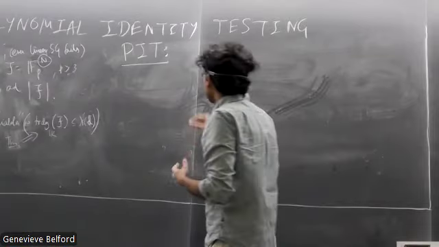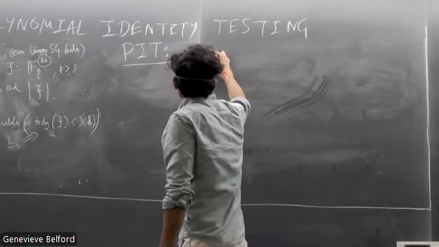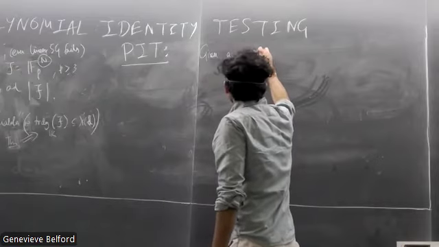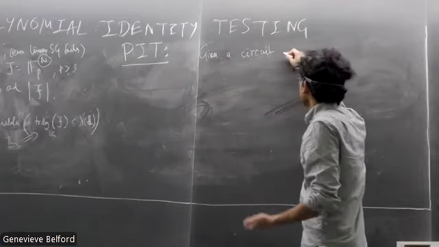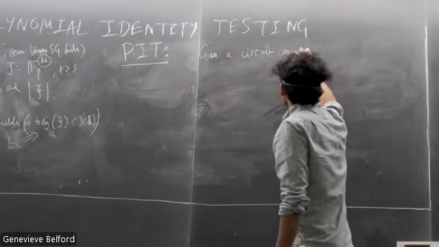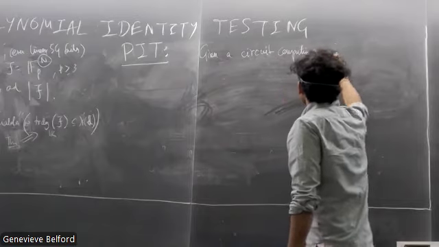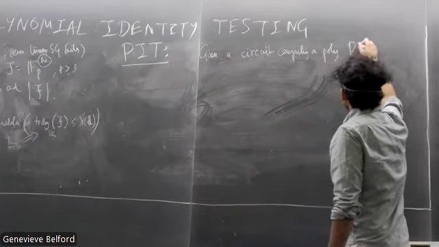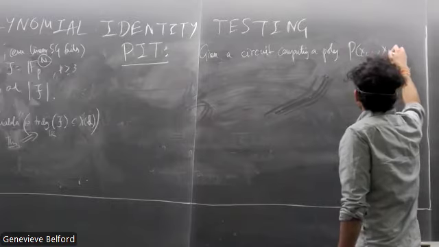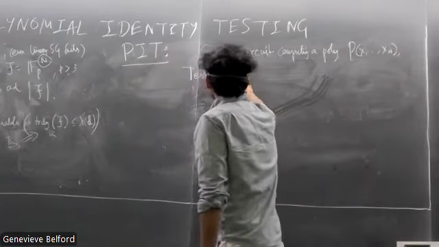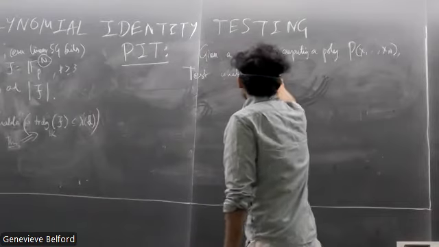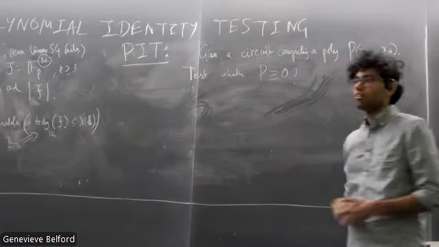The problem is: given a circuit that computes a polynomial function, a polynomial p, maybe in the variables x1 up to xn, test whether this polynomial p is identically 0 or not.